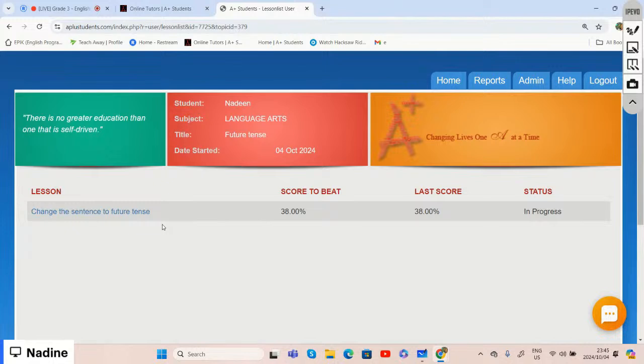All right. So this is now the end of our lesson on future tense, right? Thank you very much for joining the class and for interacting. But this is not the end of our lessons. Thank you very, very much, grade threes. Right? Remember that we can change our sentences from present tense to the future tense.